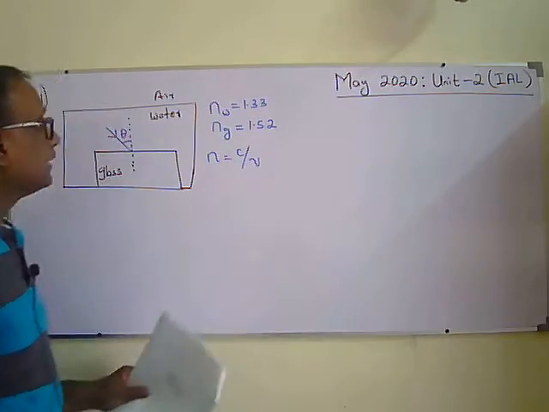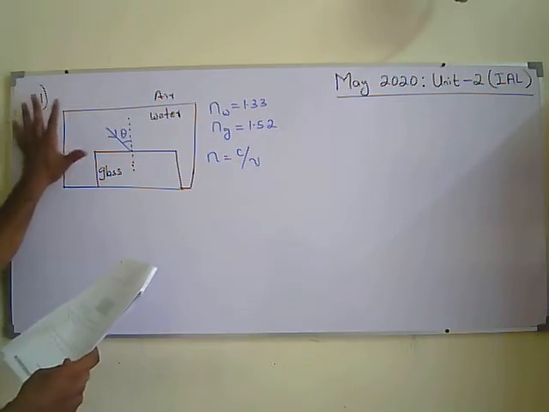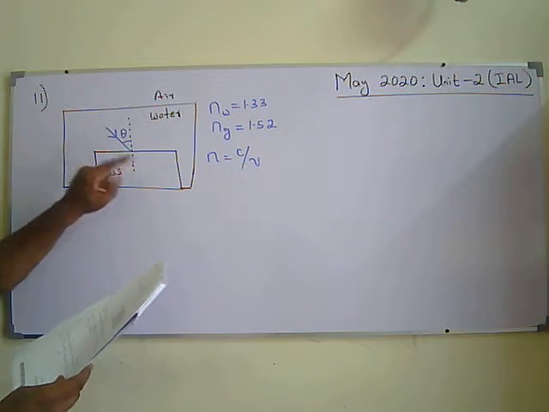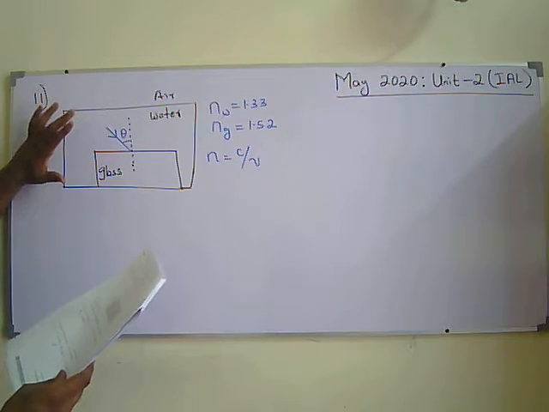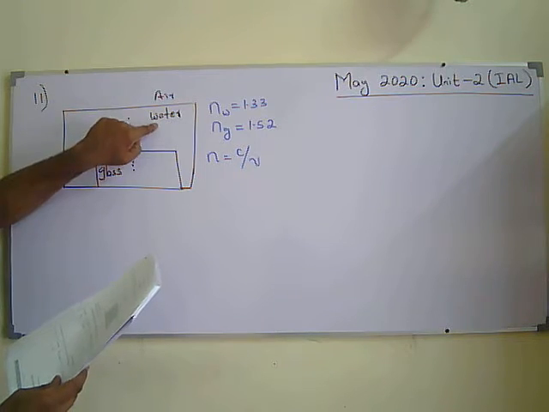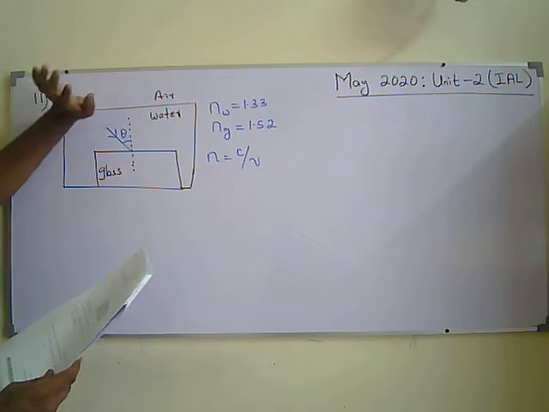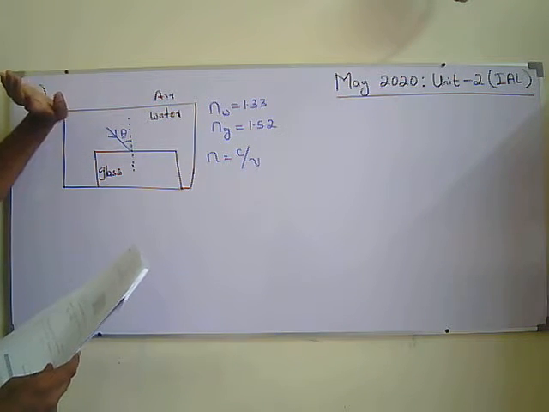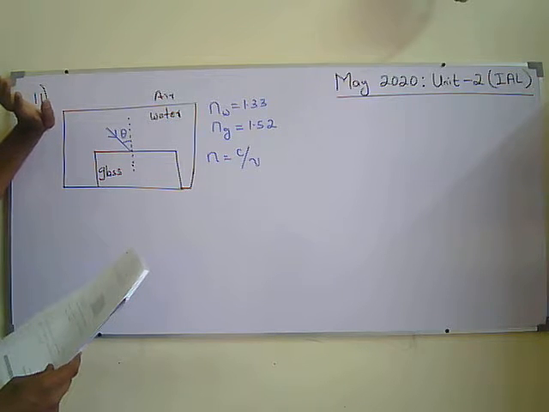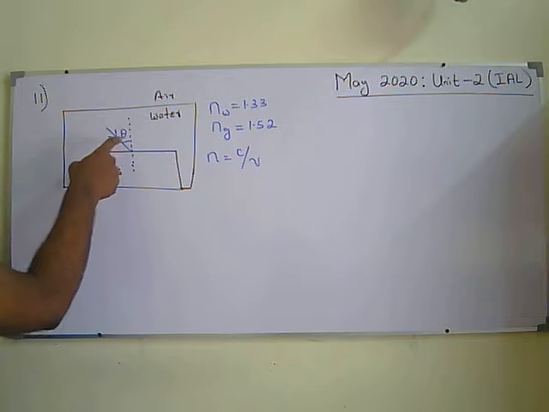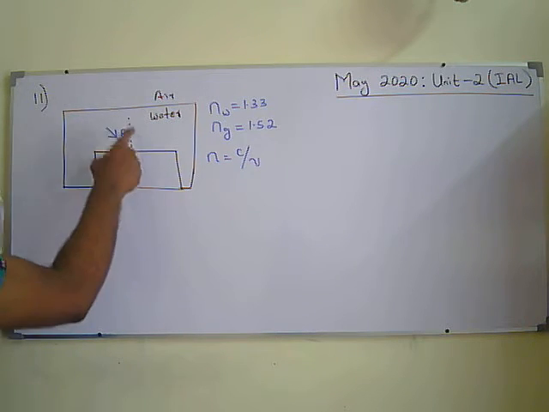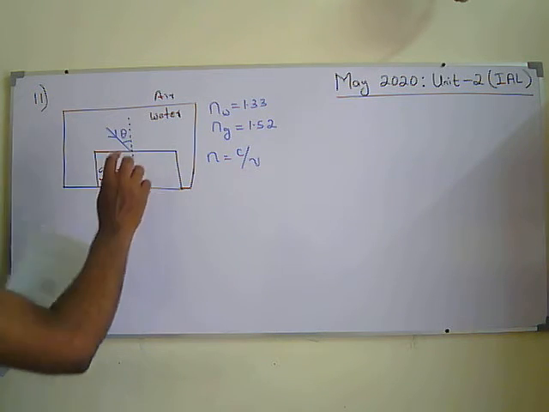Okay, question number 11. This diagram is given. So there's a glass kept inside a container. So there is water, outside is air. The block of glass is submerged in a container of water. A ray of light traveling in the water is directed towards the glass. So this is the light ray that makes angle theta with the normal to the boundary of water and glass.